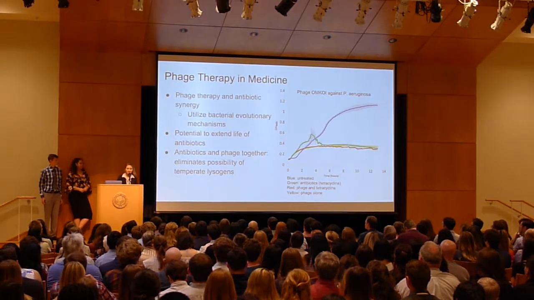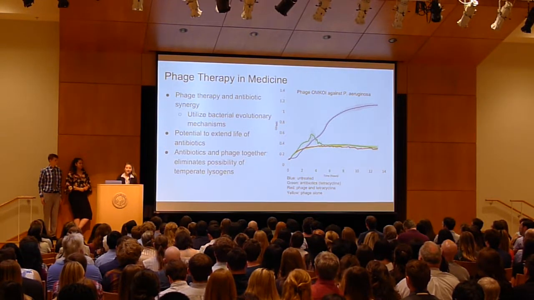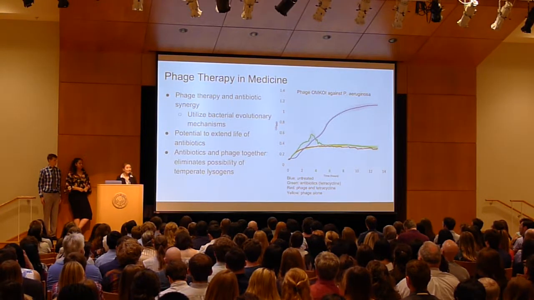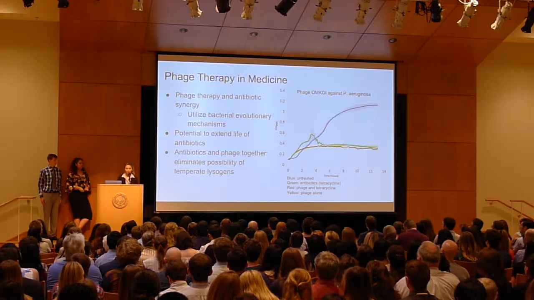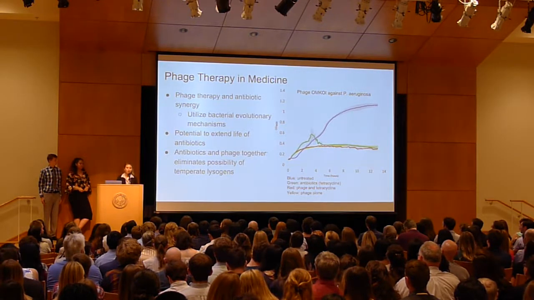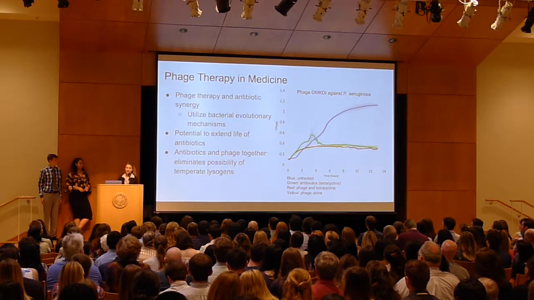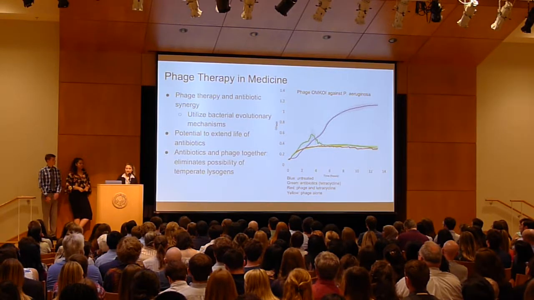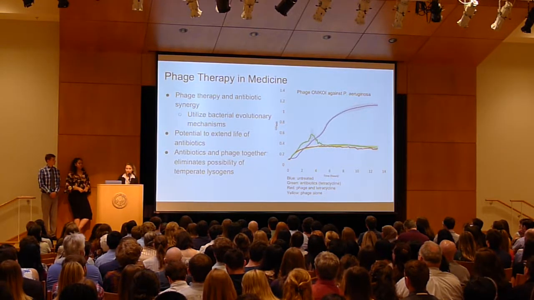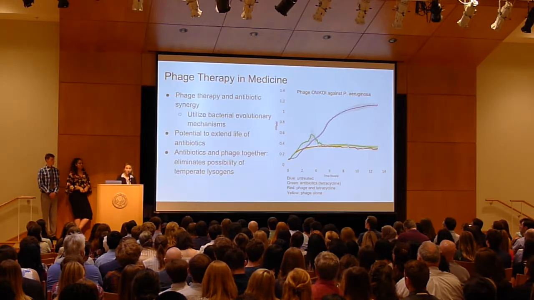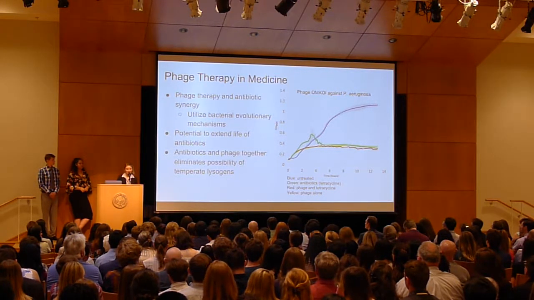The second application is phage therapy in medicine. We can actually use our antibiotics currently and some new approaches of phage therapy to combat these antibiotic-resistant bacteria. In the graph here, you can see a specific type of phage was used to treat a non-antibiotic resistant bacteria.